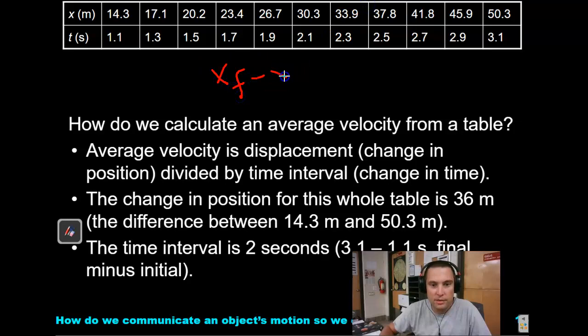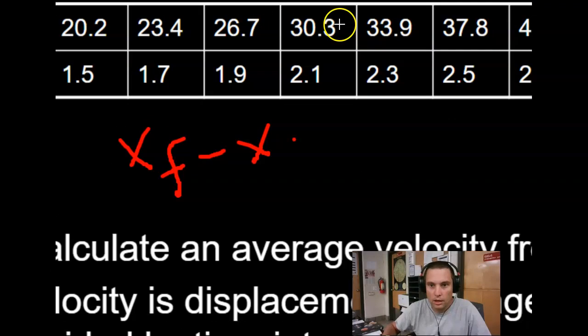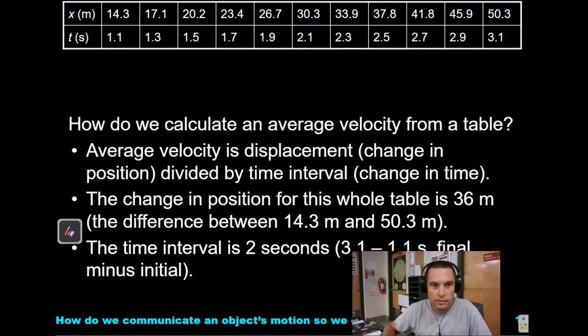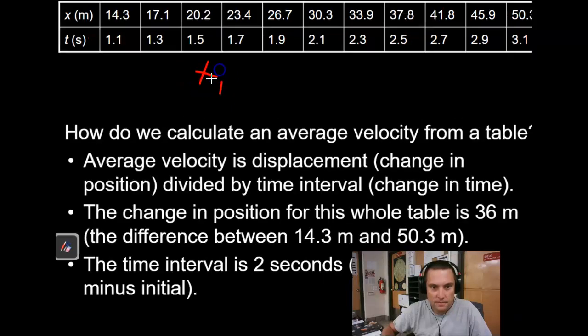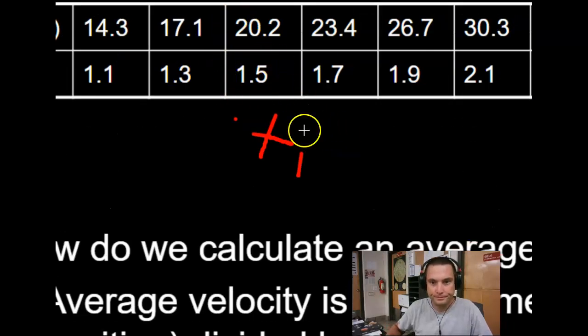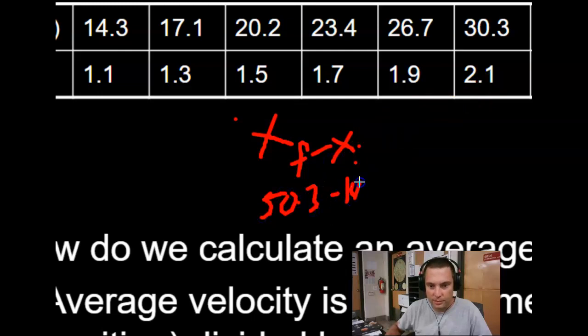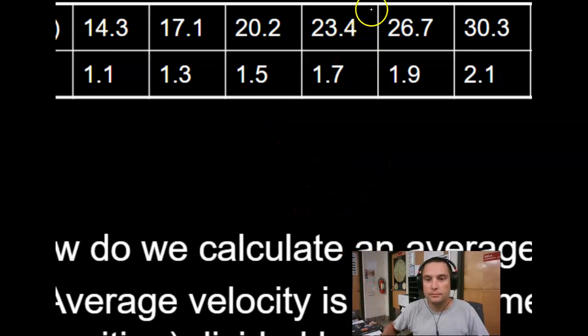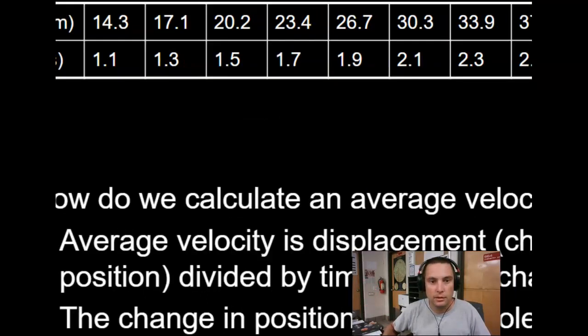Our final position minus our initial position, which was 50.3 minus 14.3. Was that so hard? Alright. Let's go ahead and zoom back out.